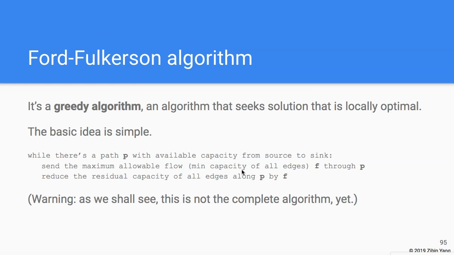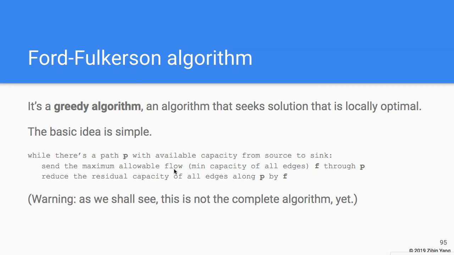Well, the maximum allowable flow through this path would be the minimum capacity of all the edges along this path, right? And then it will send that flow through the path. Now, because it just sent a flow through the path, it would have to reduce the residual capacity of all the edges along that path by the flow that it just sent through, right? That kind of makes sense. And it will loop through this process as long as there is still a path.